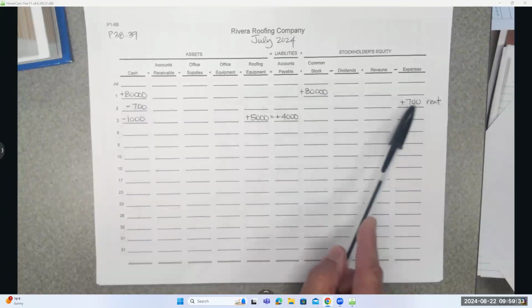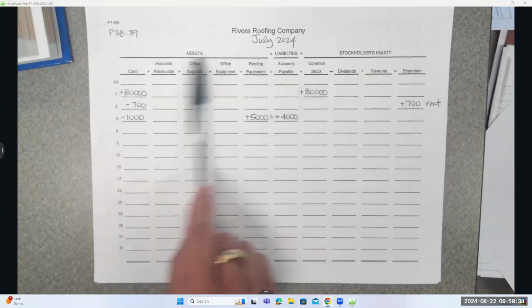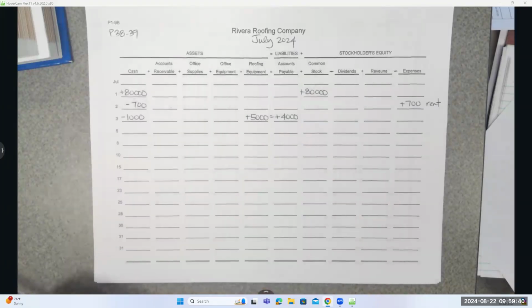Here we had a decrease and an increase. Here we had 2 increases. It doesn't matter if we make sure we follow this accounting equation and follow the money around with pluses and minuses, it will balance every time. And if it doesn't, we did something wrong.